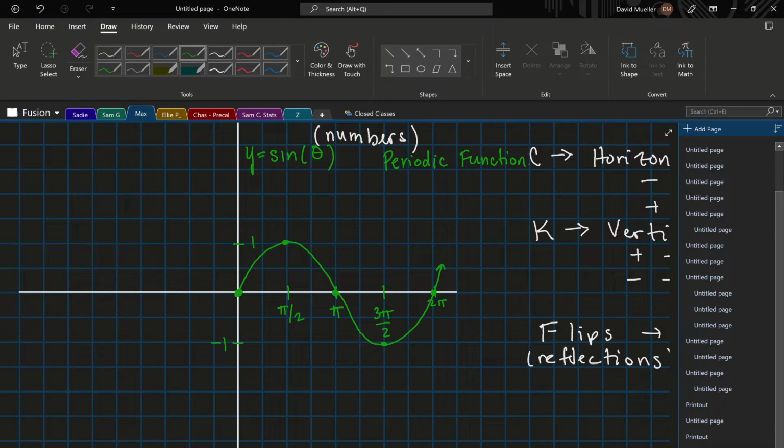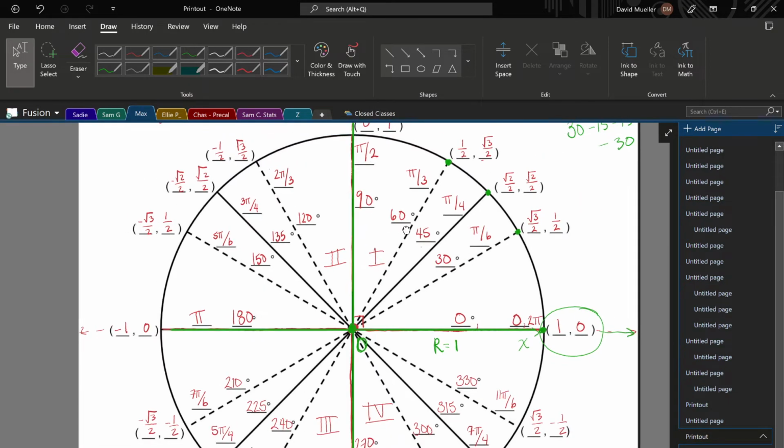Okay, and then let's think about the negatives. So we haven't really discussed this yet, but another way of thinking about negative angles is just, let me write these out first. Negative 2 pi is just going around the unit circle backwards.